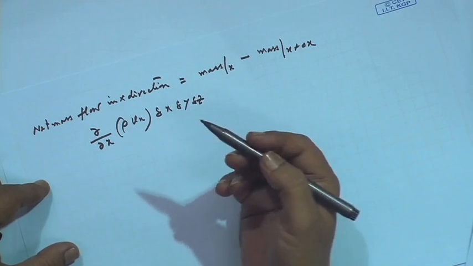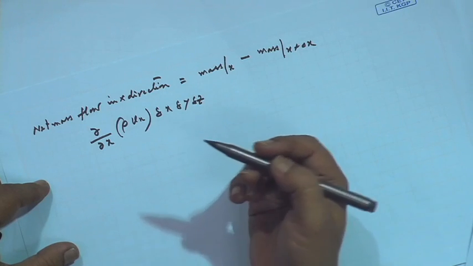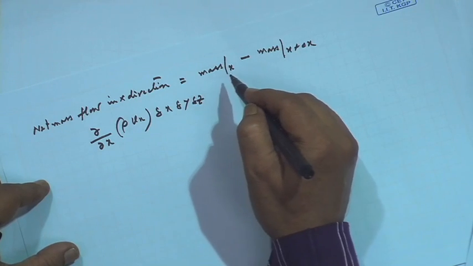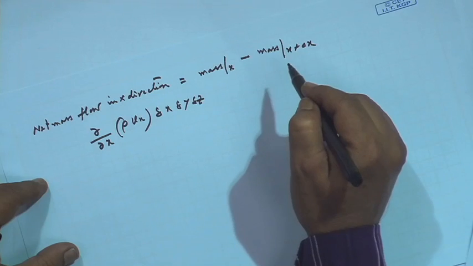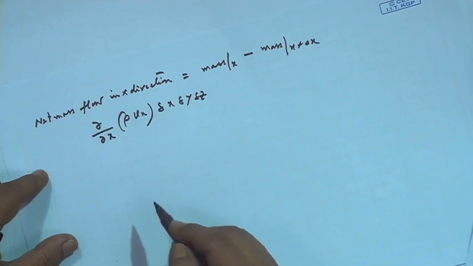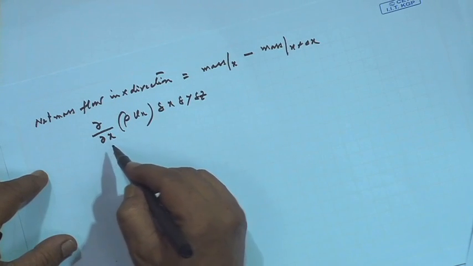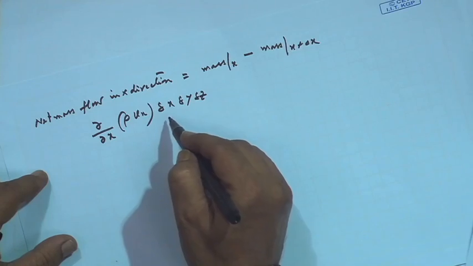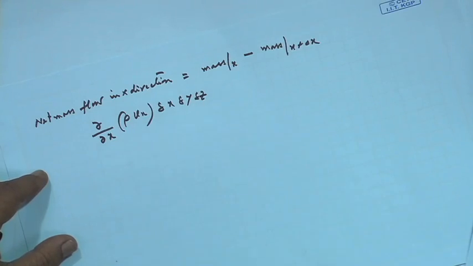That becomes del x of rho Vx del x del y del z. Why del x?